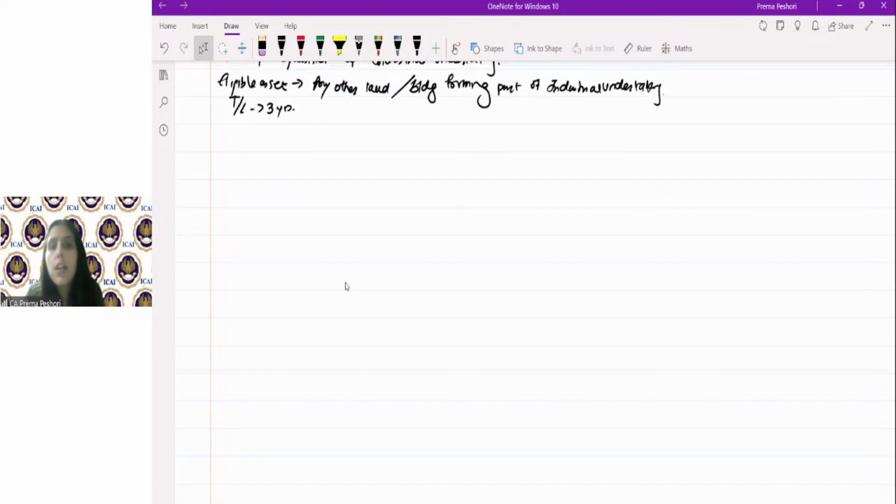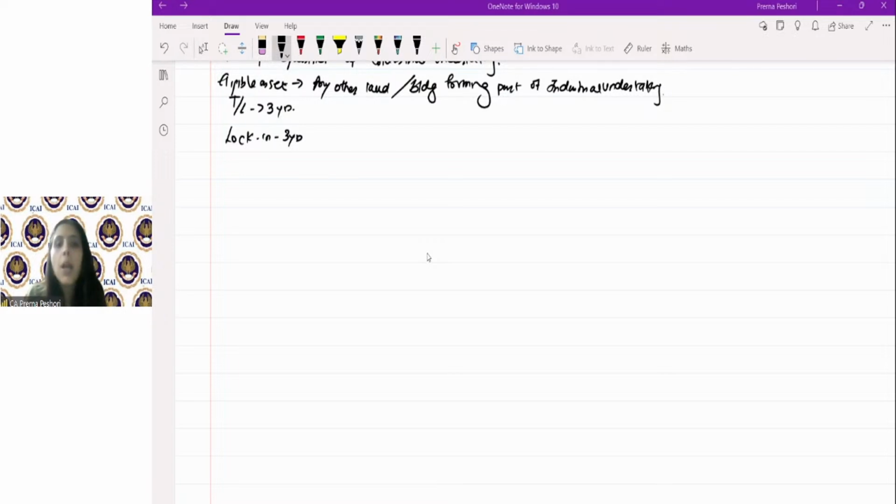So the assessee should have purchased within the 3 years from the date of transfer. Clear? And lock-in is again here 3 years.